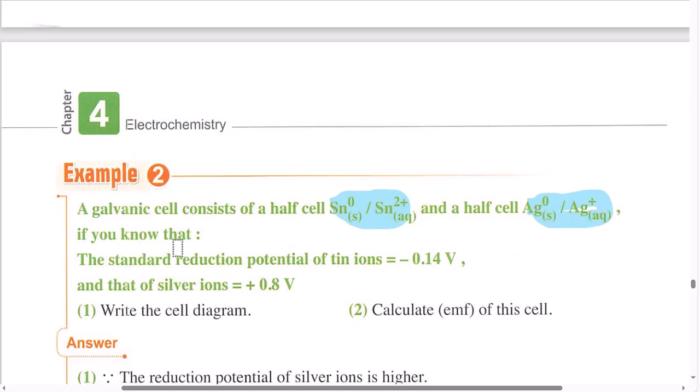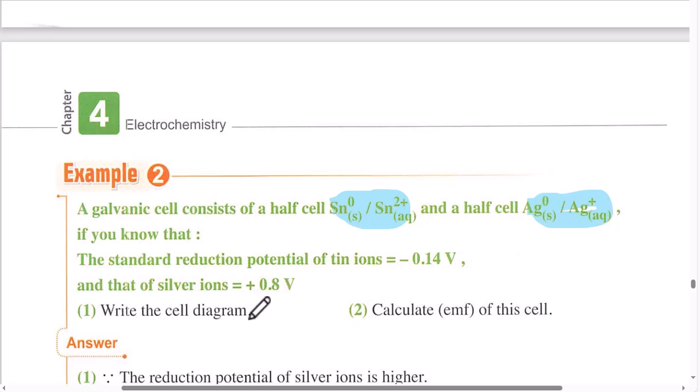The standard reduction potential of tin ion equals minus 0.14, and the standard reduction potential of silver equals positive 0.8 volt. So write the diagram of the cell.